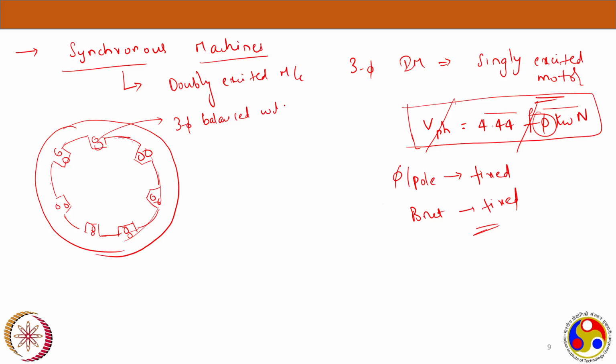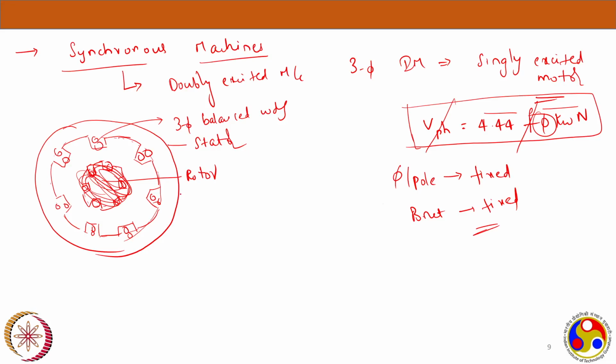Inside this we will have a rotor which also has teeth. I am just winding, there are just slots here, and I'm placing my winding. This is not any three-phase winding, just a coil. I will take a wire and wind it around these slots. So this is my rotor and it is just a normal winding.